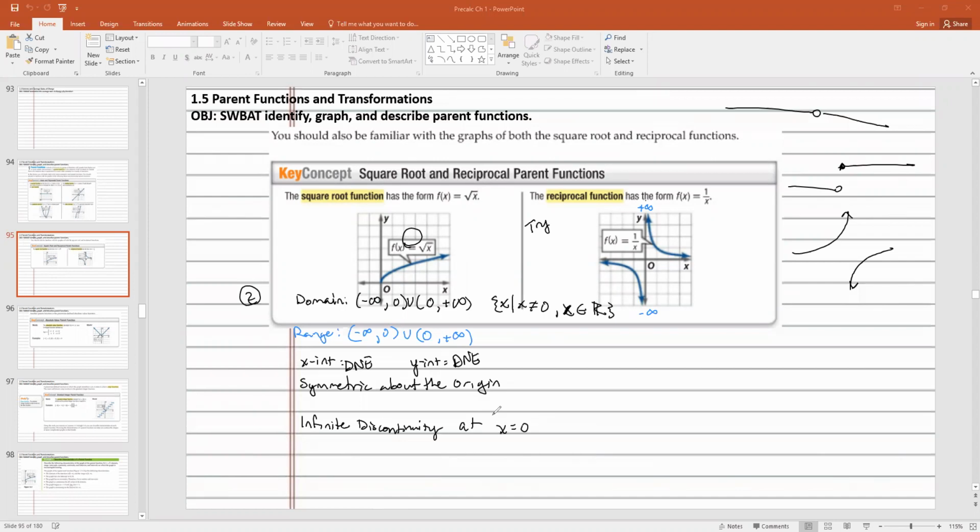And what next? There's a lot. End behavior.